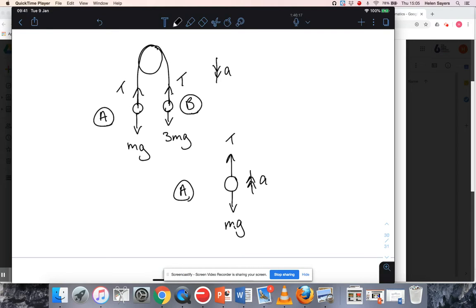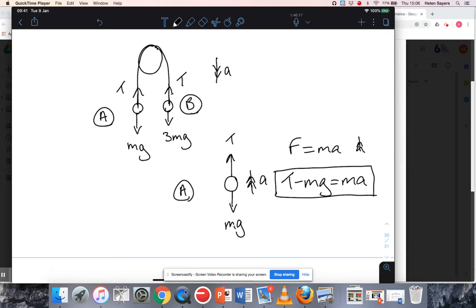Now, it doesn't actually matter if I know whether A is moving up or B is moving down, as long as I appreciate that if A is going up, B is going the opposite direction. So if I use F equals ma for A and take up as positive, the resultant upward force on A is the tension minus mg, and that equals its mass, which is m, multiplied by its acceleration. So there's my equation for A.